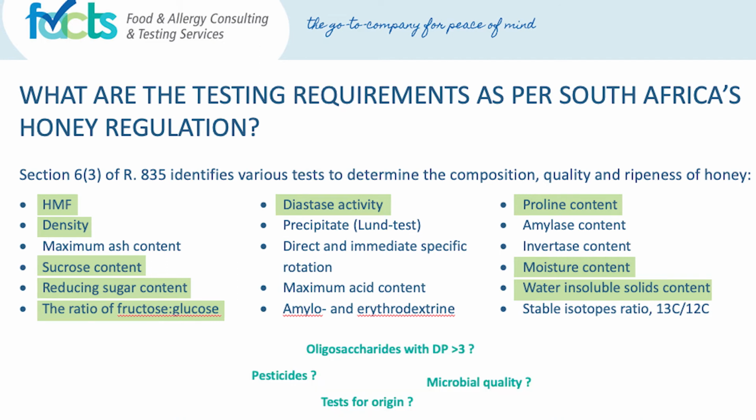But where are the tests for the oligosaccharides or the pesticides, the microbial quality, or the tests for origin? This highlights the potential need to review the regulations and include these tests to keep up with scientific advancements and make sure that we're doing our best to check that honey out there is authentic.